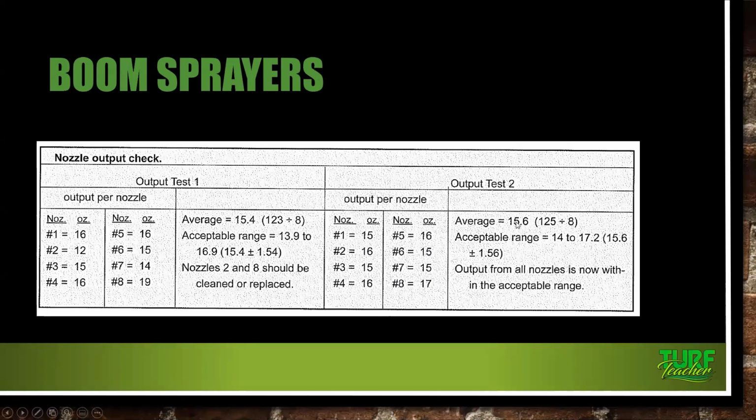So 10% of the 15.6 subtracted from it is going to be 14. Added to it is going to be 17.2. So output from all nozzles is now within the acceptable range. There's nothing below 14, and there's nothing above 17.2. So we're good to go with this boom sprayer.